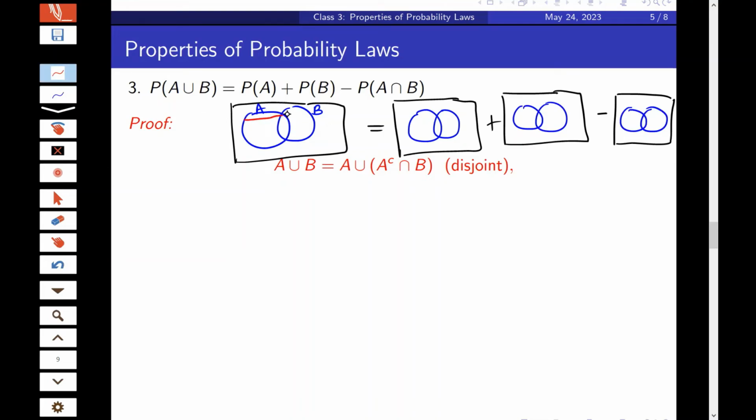So A union B is this part. All items in A, B, or A and B.